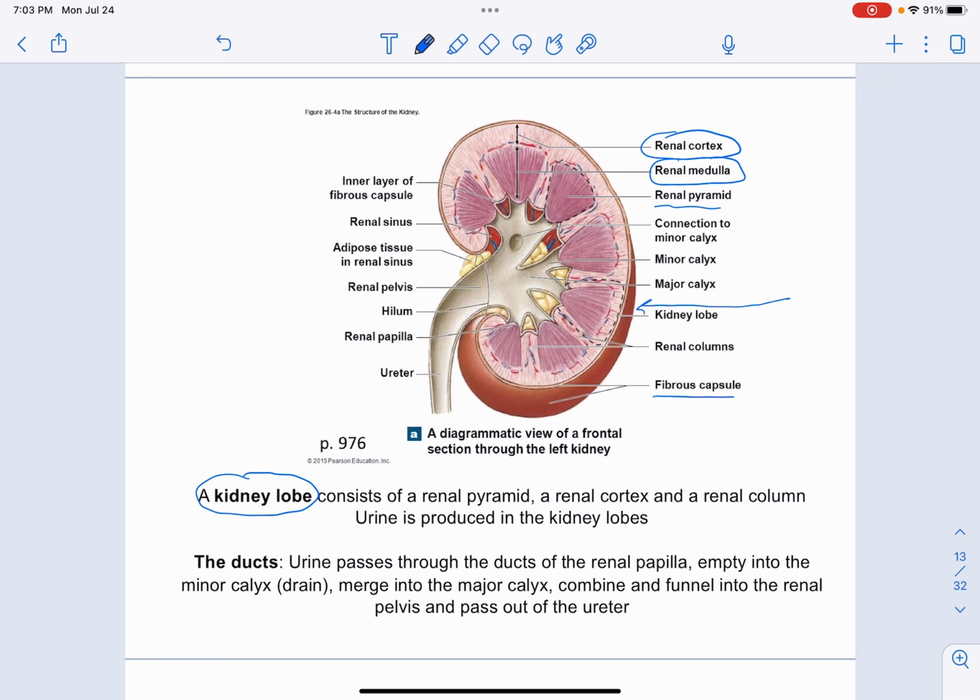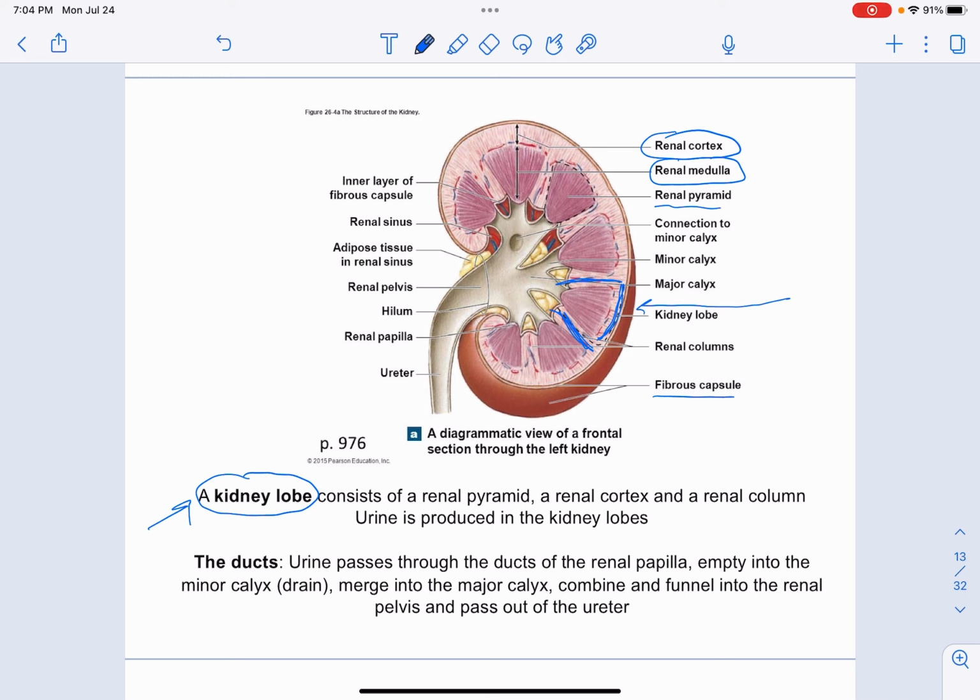It consists of the renal cortex, which is this area around the outside. And then it also consists of a renal column. The columns are on this side, okay? So you have the renal columns, the renal cortex, and the renal pyramid is going to make up a kidney lobe.